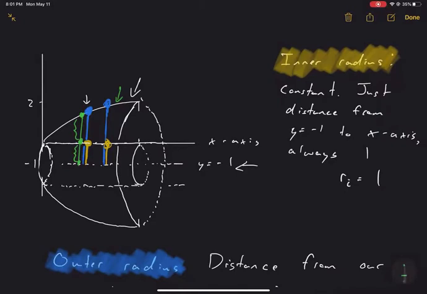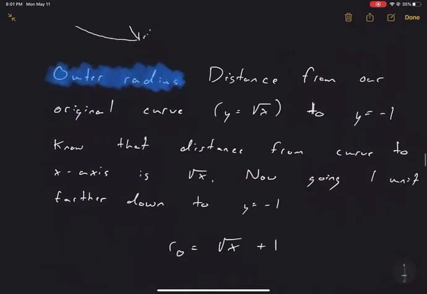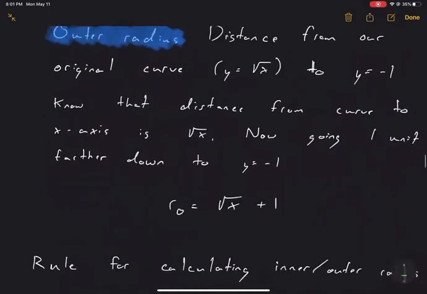So my outer radius is the distance from the original curve, y equals square root of x, to the line y equals -1. To reiterate, the distance from the curve to the x-axis is square root of x, but now we're going 1 unit further down to the line y equals -1. So that outer radius should be square root of x plus 1.